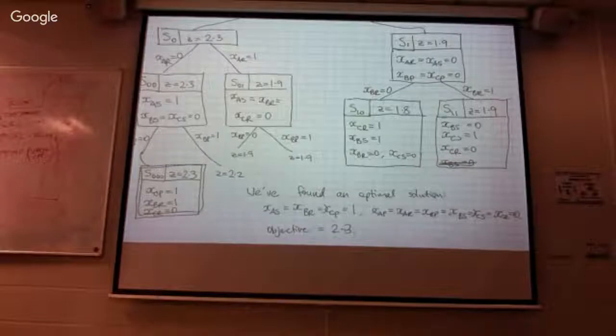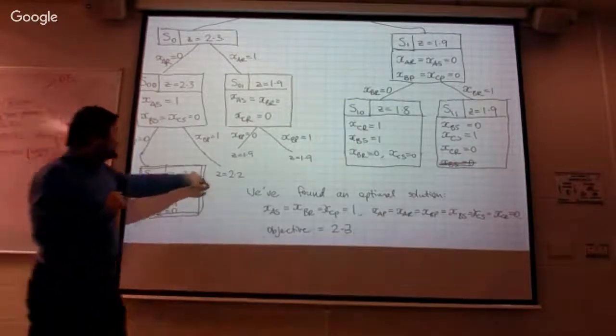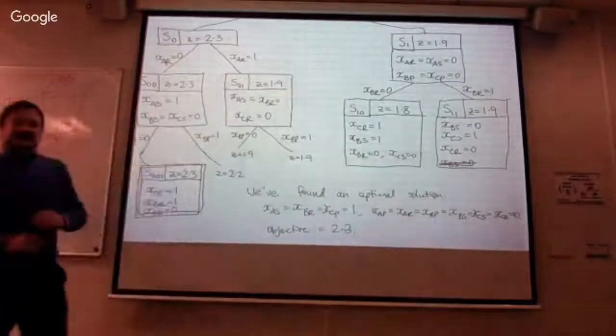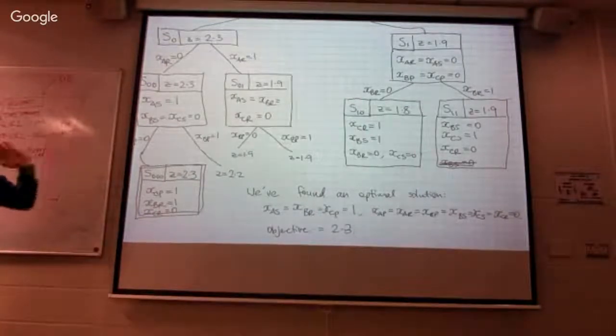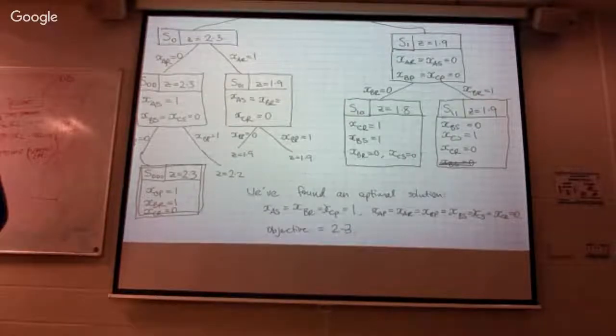So the most stupid way of solving that problem is to look at all 512 different 0-1 assignments to these x's and look at whether they satisfy the constraints and what the objective is. And we only had to do it for 1, 2, 3, 4, 5, 6 different assignments, not 512. So it's not for a lazy person, but it's still much better than looking at everything.